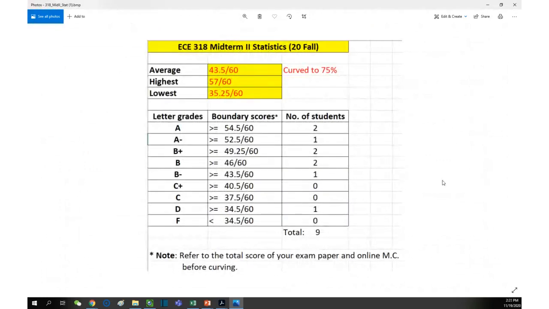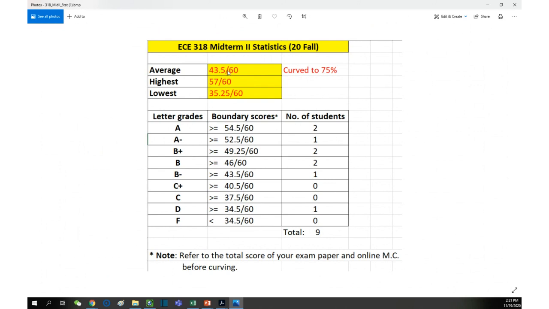The number here refers to the total grade of your exam paper, which is out of 45, and your online multiple choice, which is out of 15. The sum of these two is your grade, and then you can find your letter grade level based upon these statistics.